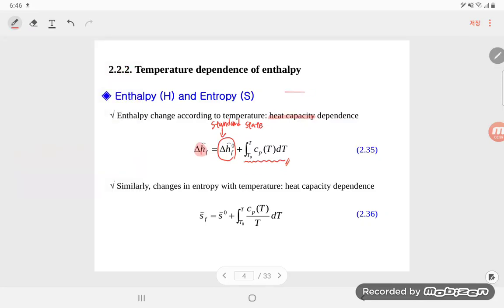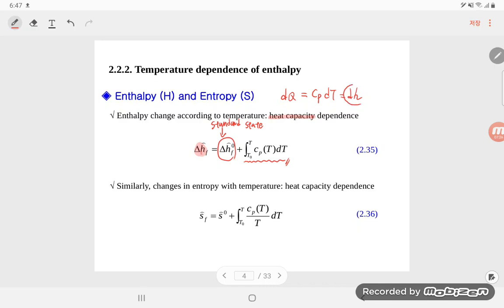Okay, dq is expressed by the specific heat capacity in the constant pressure process, so dq equals Cp dT.